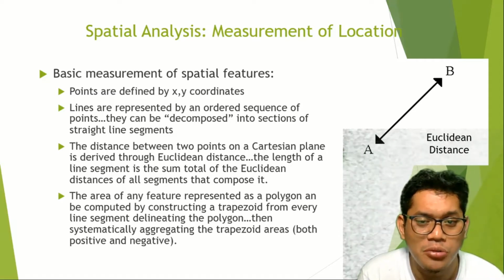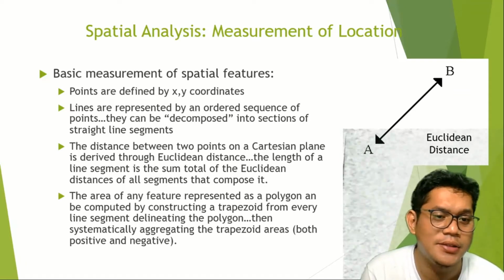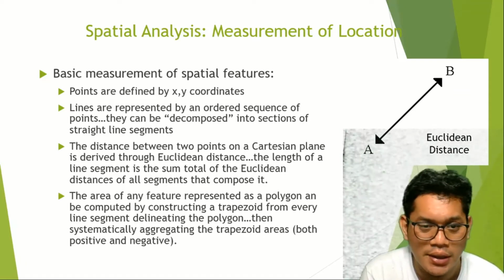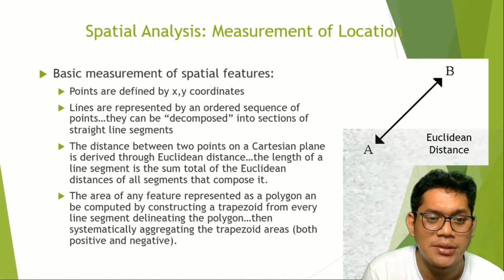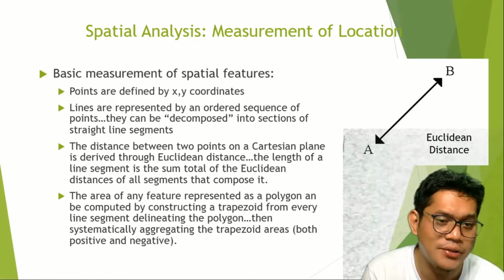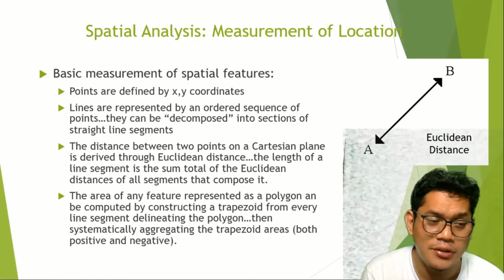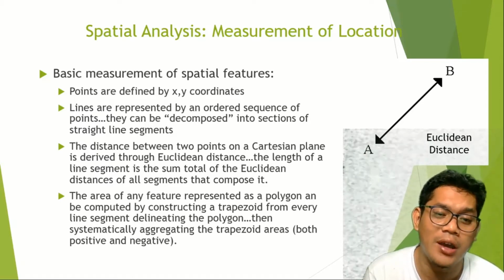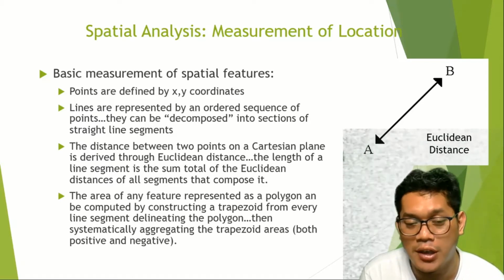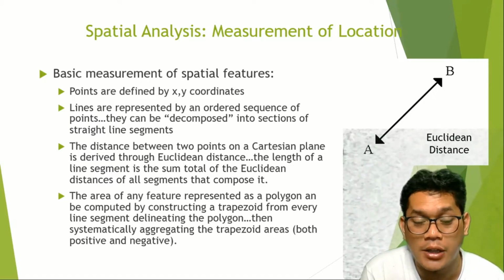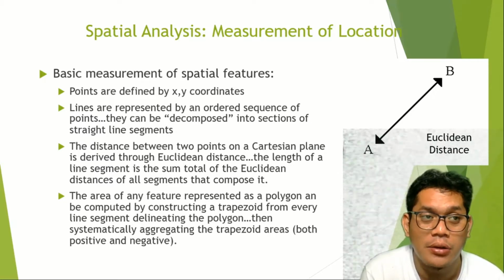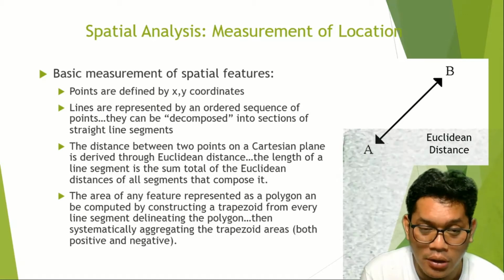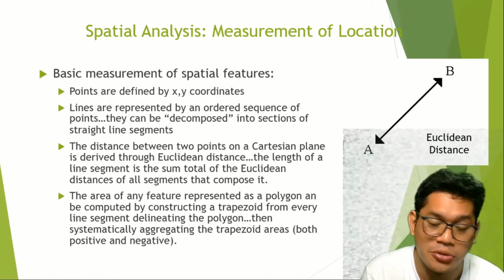The distance between two points on the Cartesian plane is derived through the Euclidean distance, and the length of a line is the sum total of the Euclidean distances for all segments. If the road has 1000 segments, we calculate for every segment and sum them up, and we have the actual line distance in the real world based on the coordinates.